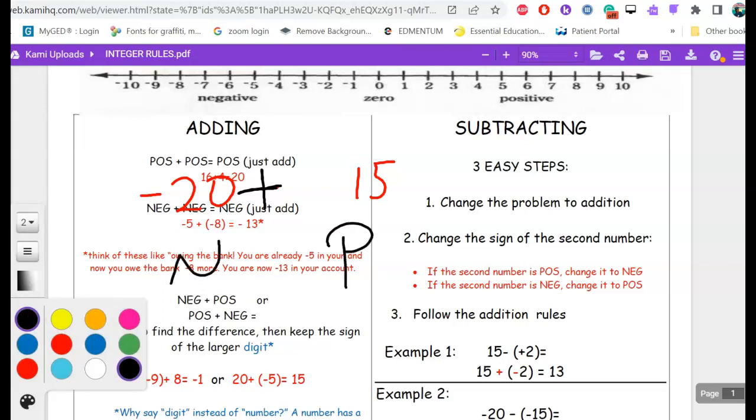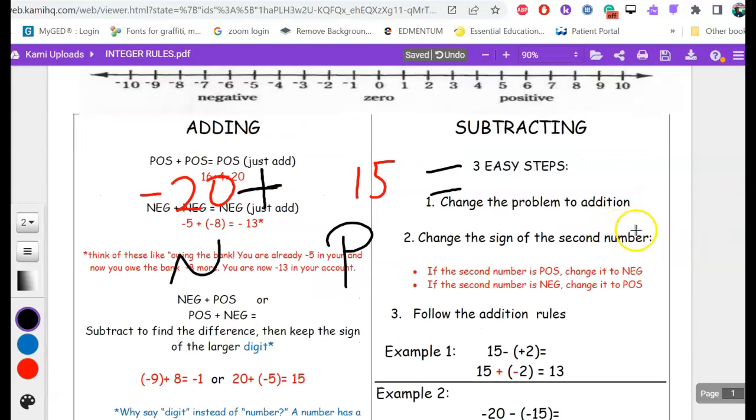Step 3, follow the addition rules. What do I do when I have a negative plus a positive? I'm going to subtract to find the difference. 20 minus 15 is 5. Now, is it going to be a positive or negative 5? Well, keep the sign of the larger digit. What's larger, the 20 or the 15? The 20 is a larger digit, and that 20 happens to be negative. So my answer, negative 5. All right, let's put this to work.